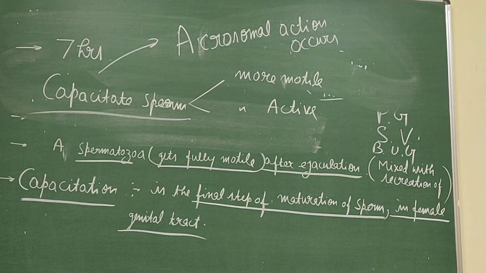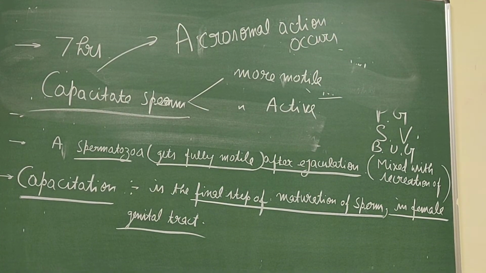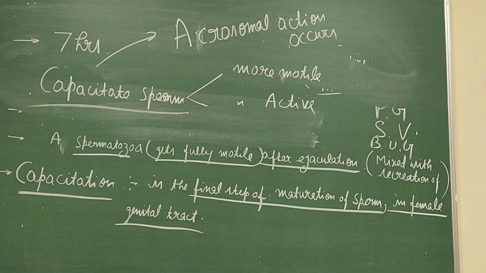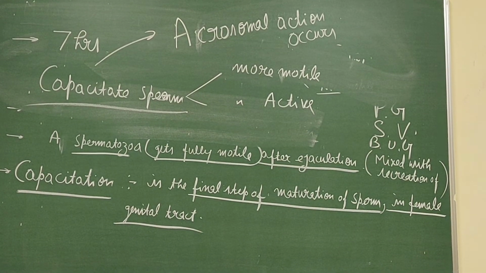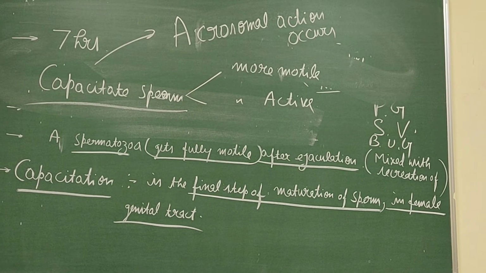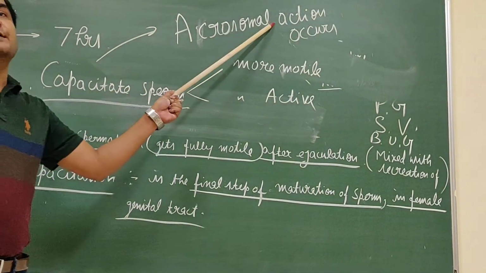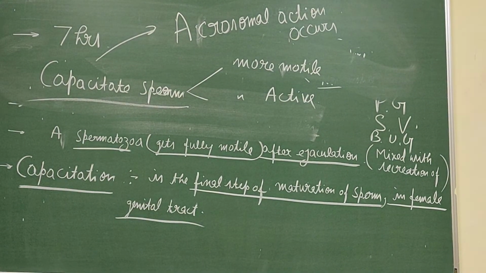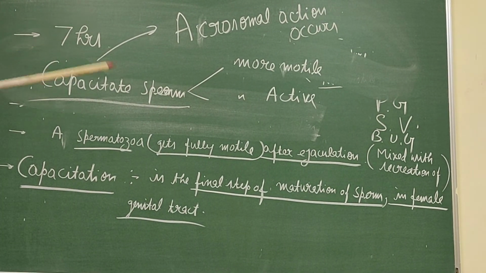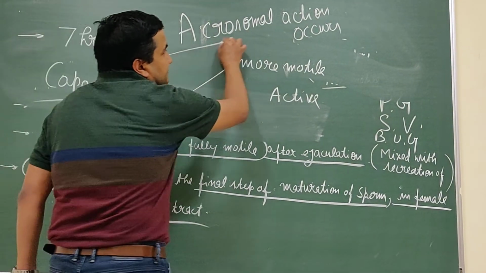The acrosomal reaction is the action of the acrosomal cap containing the acrosomal enzymes. It means that when this process is completed, this action is started. And what is this action? It will be discussed in fertilization.